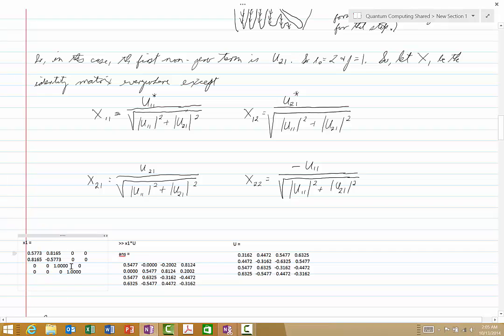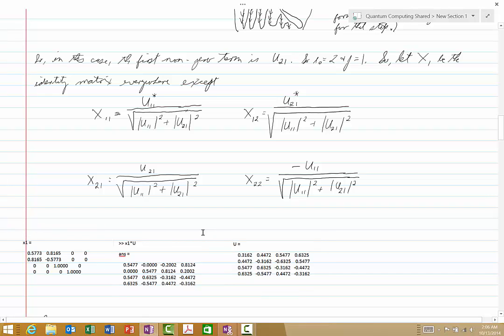So that's x1, and notice that if we multiply x1 times U, this is what we will get, and like magic, we have obtained a 0 here in the 2,1 term. Let me remind you, this was our original U, and it didn't have any zeros at all.